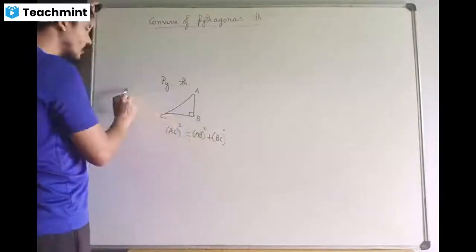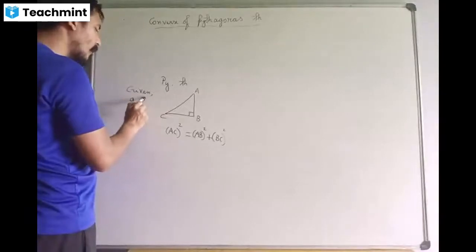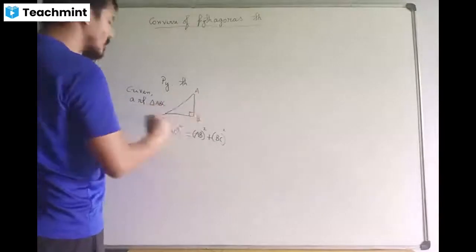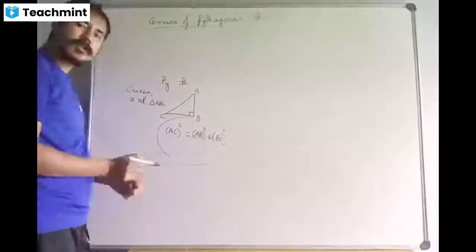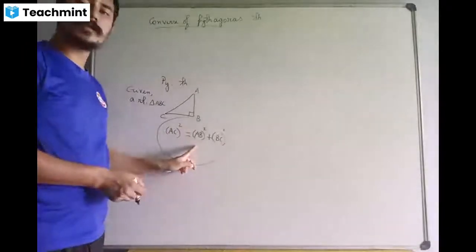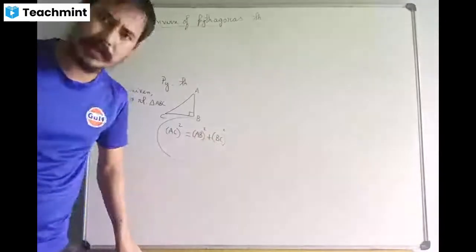Okay, so what was given in Pythagoras theorem? A right triangle ABC was given, and we proved the condition that square on one side is equal to the sum of squares on the other two sides.